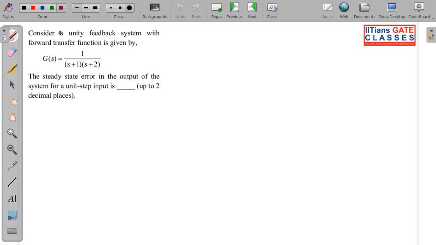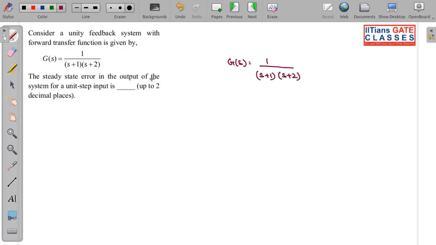So you can see over here it is given, consider a unity feedback system with forward transfer function given by this. The steady state error in the output of the system for unit step input is, okay, so this is your G(S) equal to 1 by (S plus 1)(S plus 2).